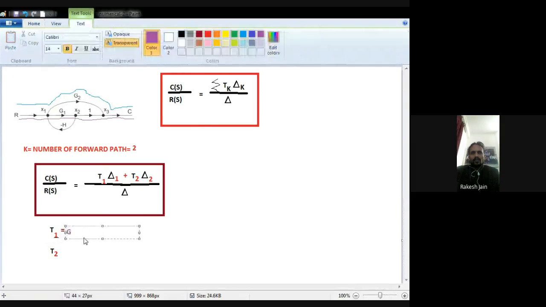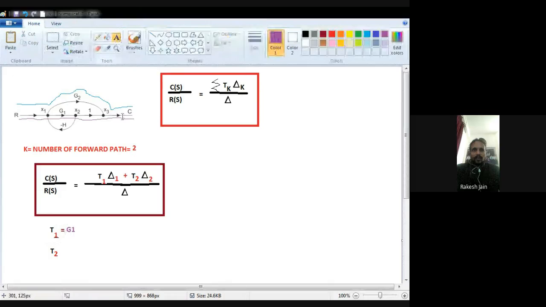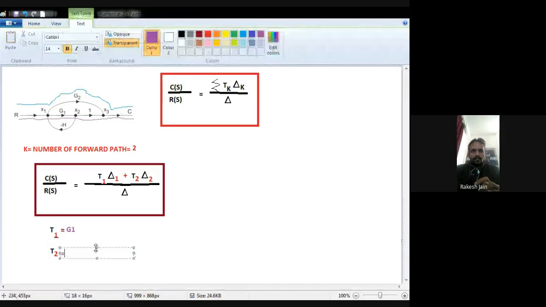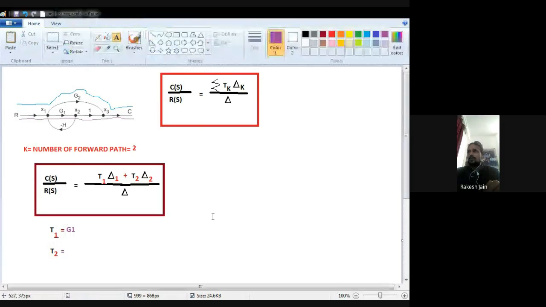Then we reach the output node with nothing written, so 1. So g1 is the only written thing, so I write g1 as the first forward path gain. Now we have to write down the second forward path gain.